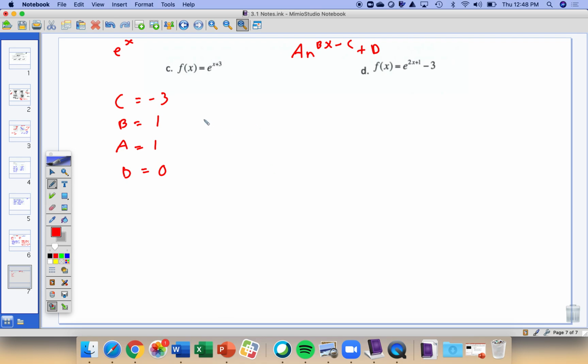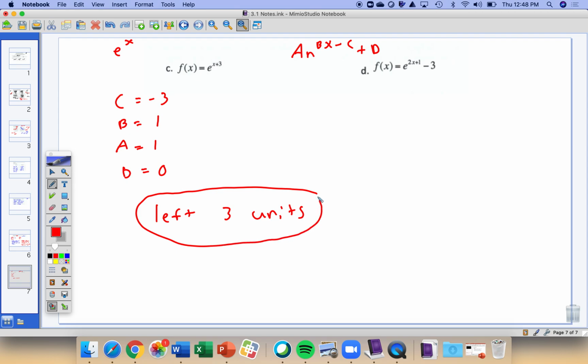So the only transformation here we have is this C. So this is shifting left or right. Which way does it shift? Because the C value is negative 3, x plus 3, it's going to go left 3 units. That's going to be the only change.